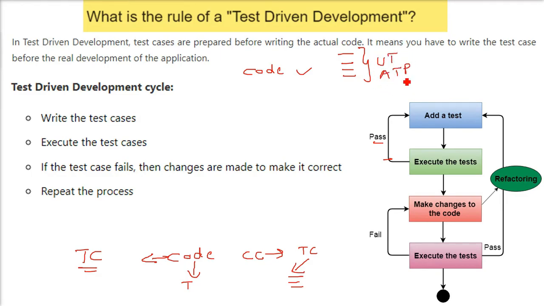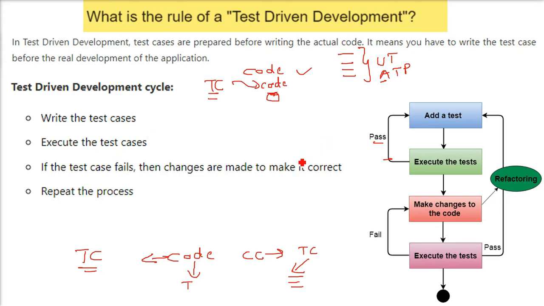So when you know which tests you have to pass, we make the test cases earlier, before making the code, because we will make the code in accordance with these test cases so that we can pass the final test cases.